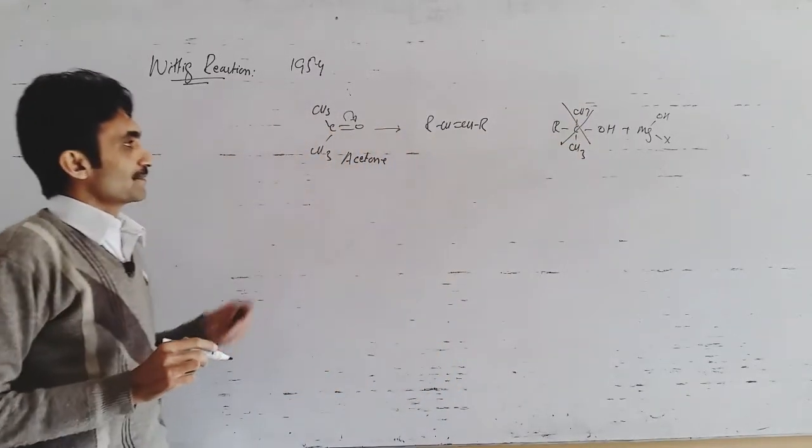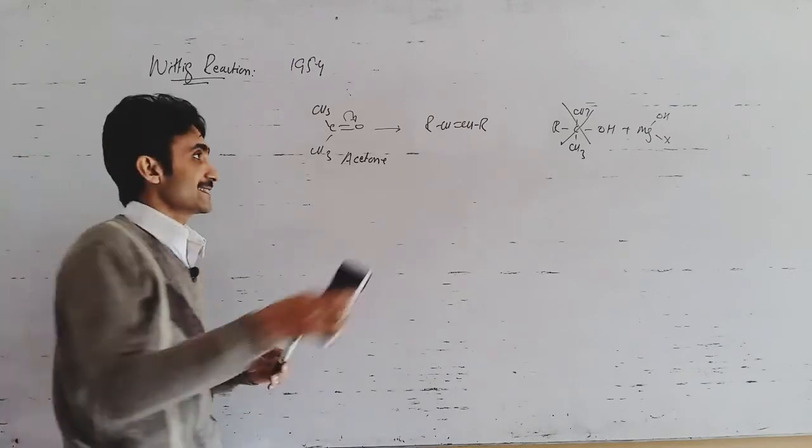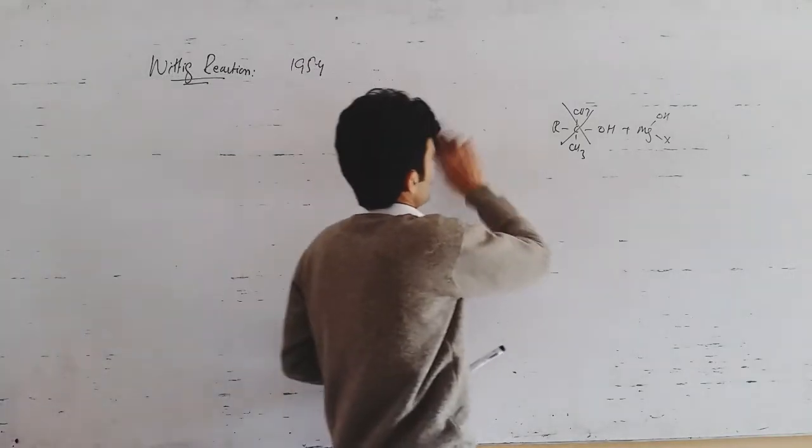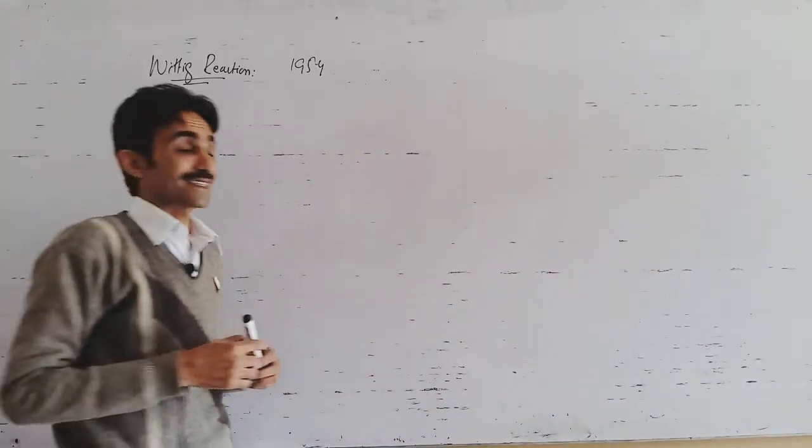So, this transformation is basically known as the Wittig reaction. So, what is the Wittig reaction? We will discuss it briefly so that we can make the concept of the reaction clear.